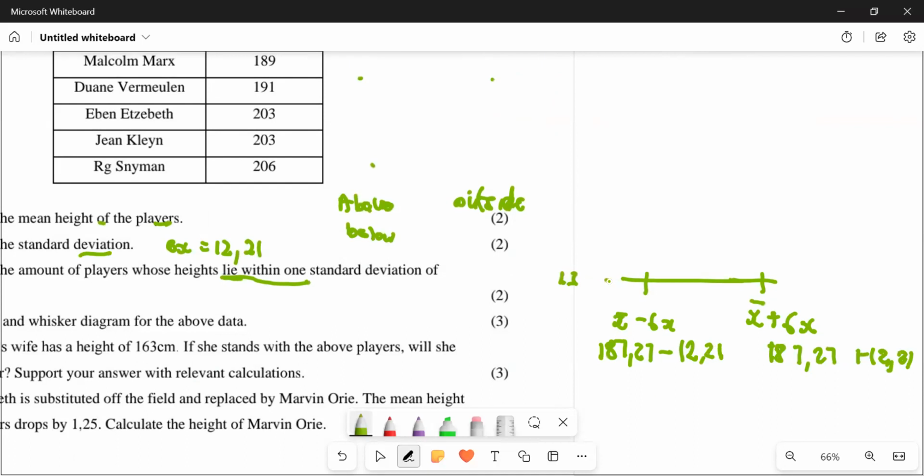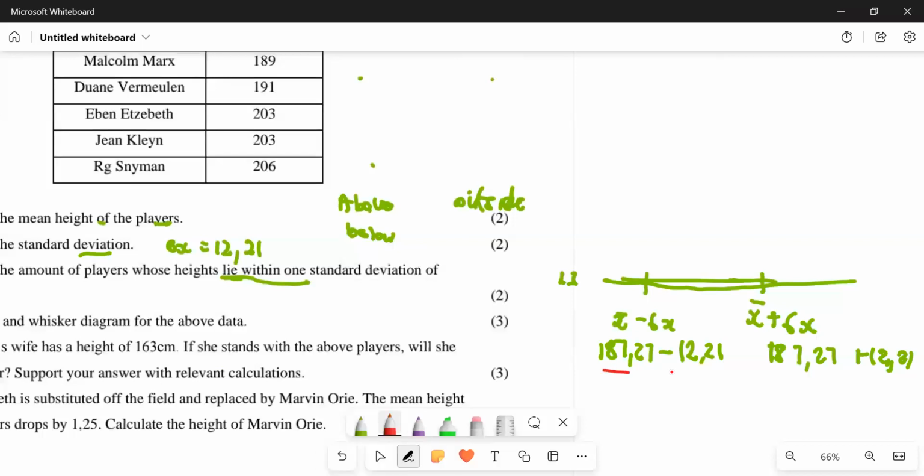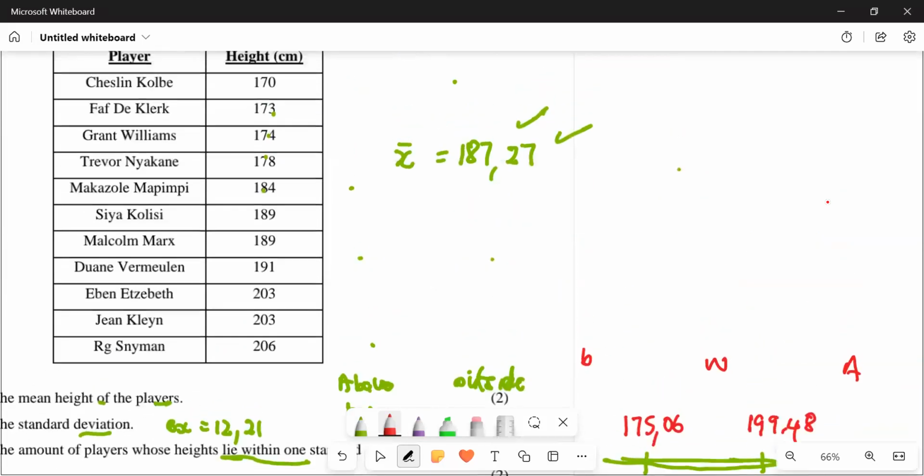From there, you get values: 175,06, and the maximum, the biggest value, is 199,48. Here we have below, here within, and here above.